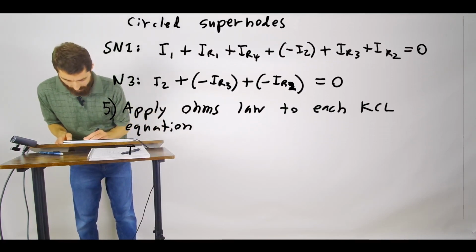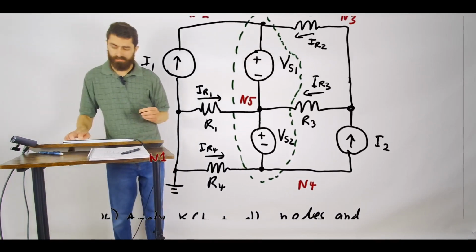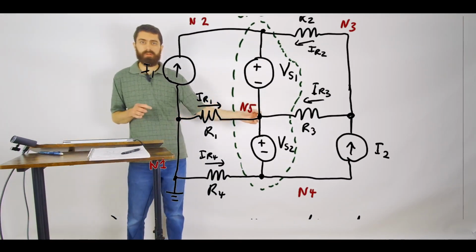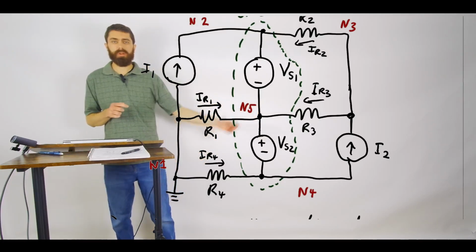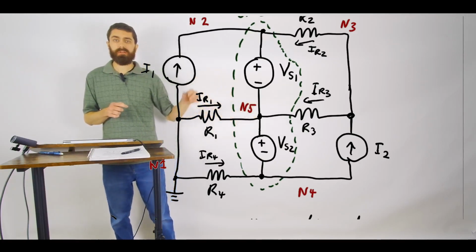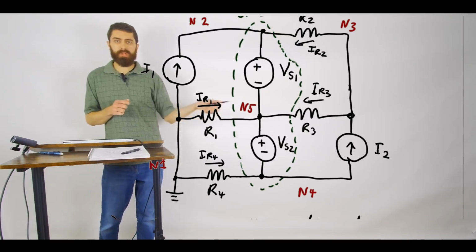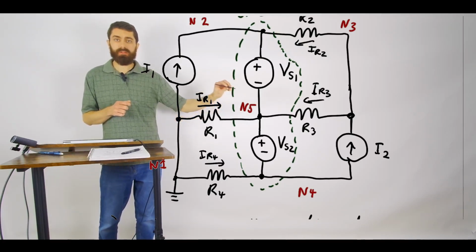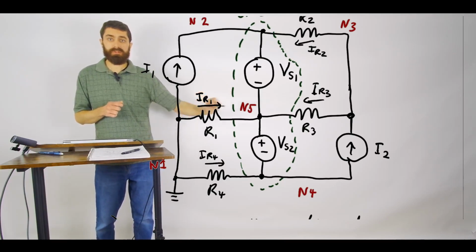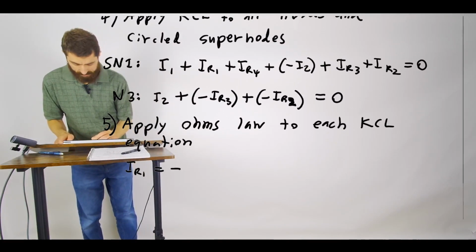So IR1 is equal to, so this is our reference point, right? So IR1 is equal to minus V5 over R1 because of the way we have this oriented. It would just be V5 divided by R1 if it was in this direction. So that's equal to minus V5 over R1.